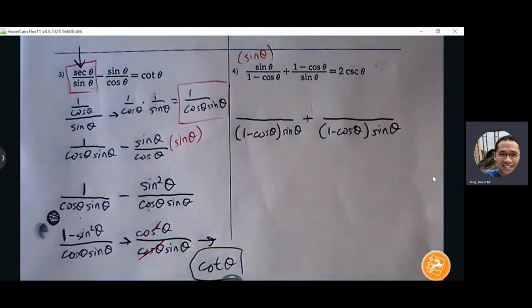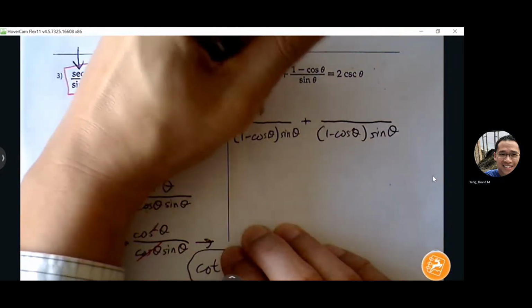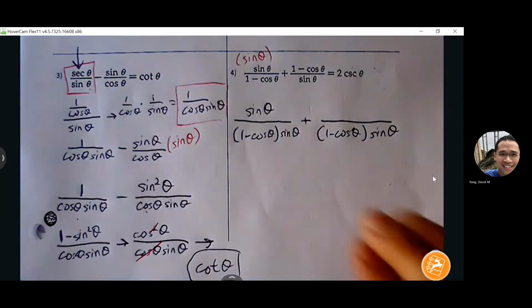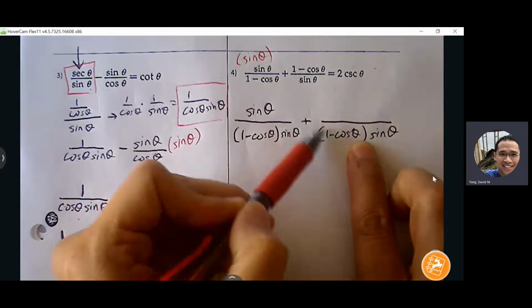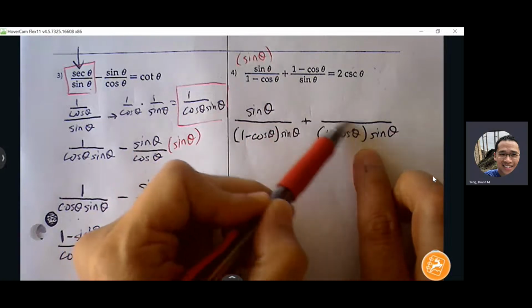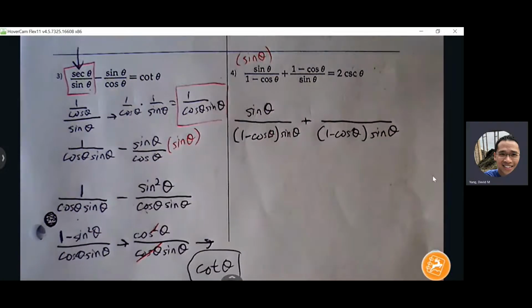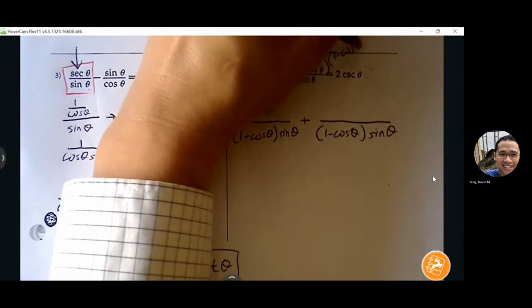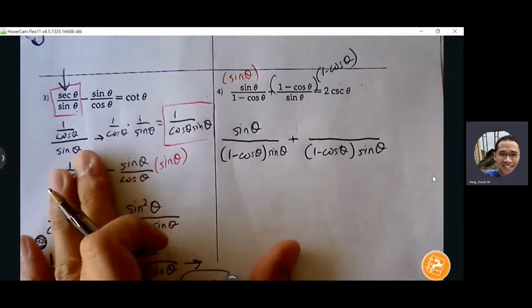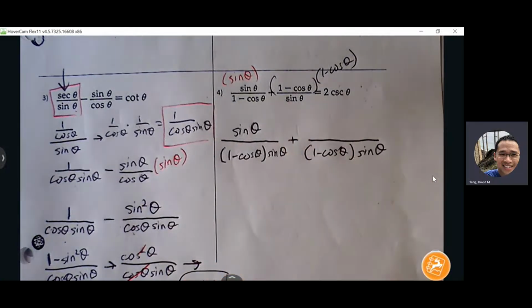Multiply sine and sine, I get sine squared. Compare denominators. I'm needing that 1 minus cosine, so multiply the top by 1 minus cosine. Right, I'm going to fill this out so I can save a step here.